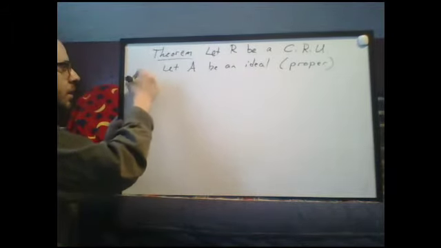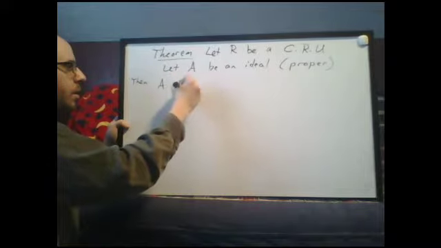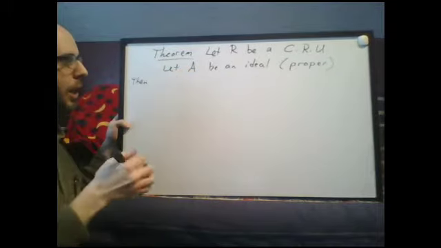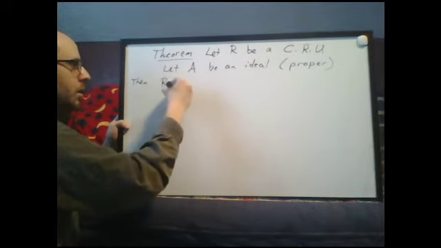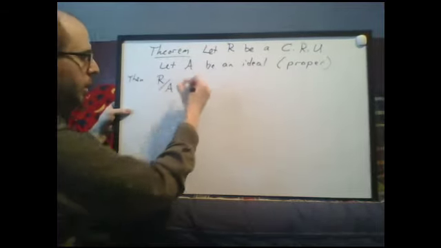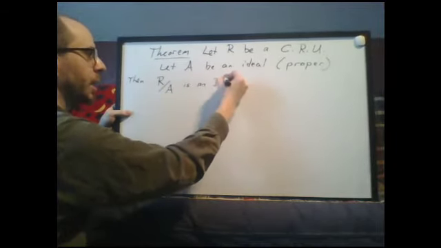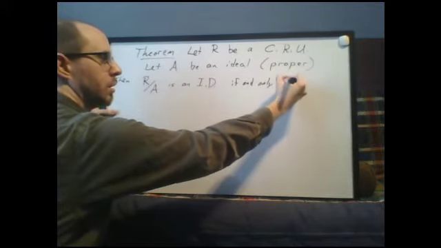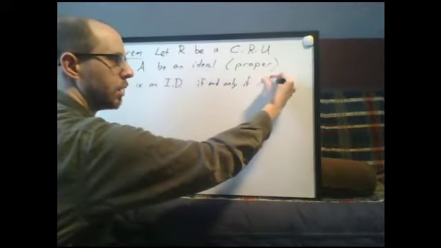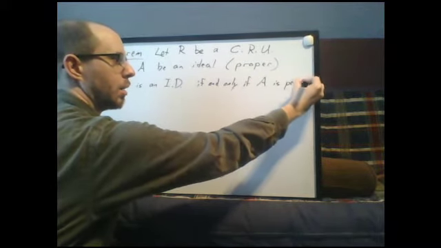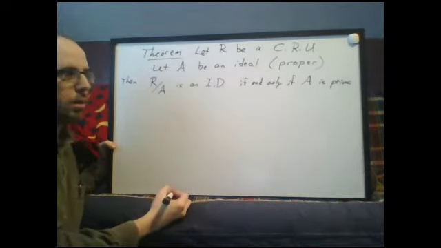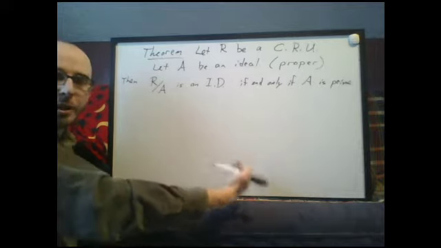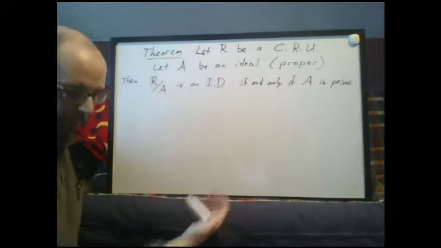Then, let's say it like this: we have a proper ideal A, then R mod A, the factor ring, is an integral domain if and only if A is prime. So when we deal with prime ideals, the corresponding factor rings are integral domains, is the point.